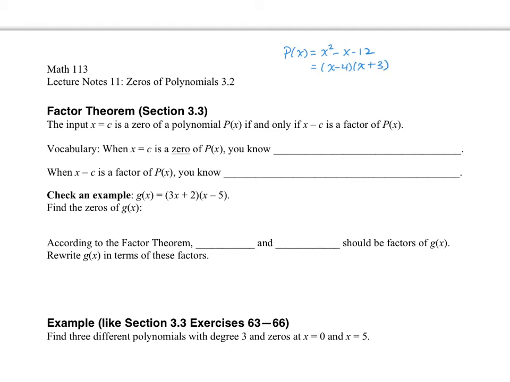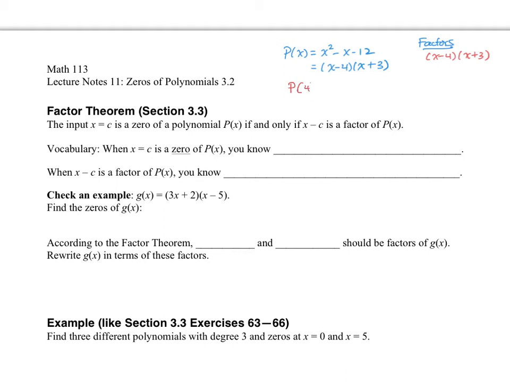So therefore, this one has two factors. The factors are x minus 4 and x plus 3. Obviously, if you put 4 here, the whole thing will give you 0. And also, if you pick minus 3, the whole thing will give you 0. So now this is just a new way to redefine the stuff you already know.